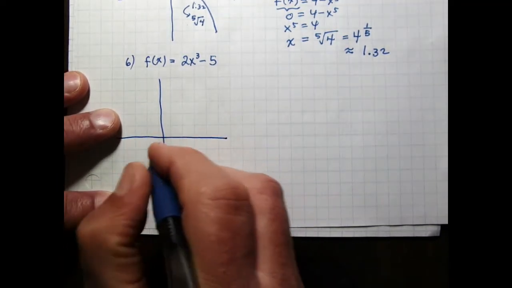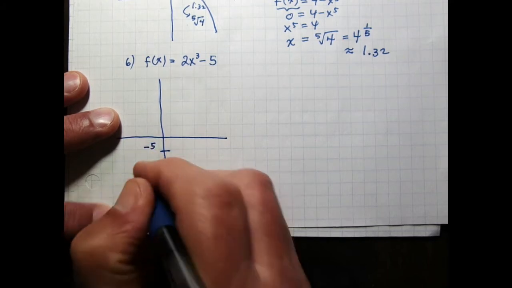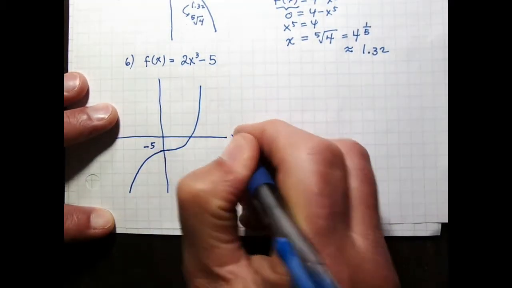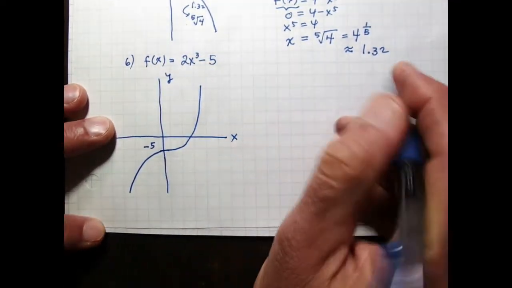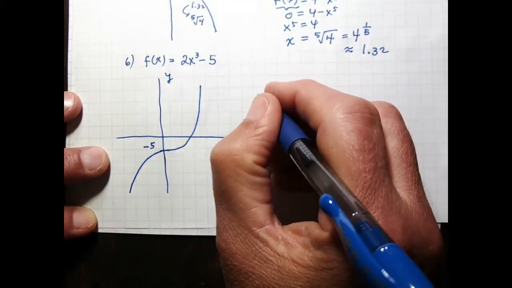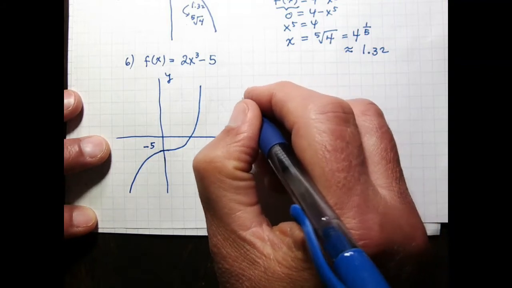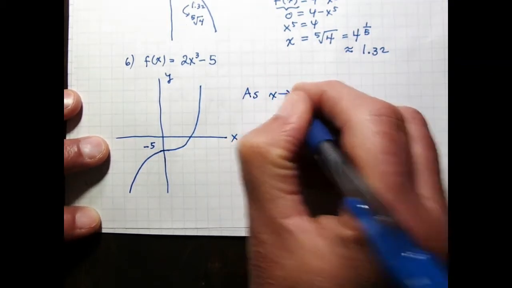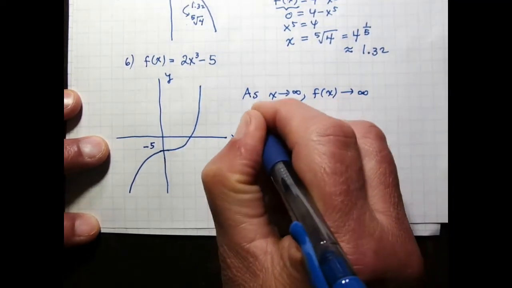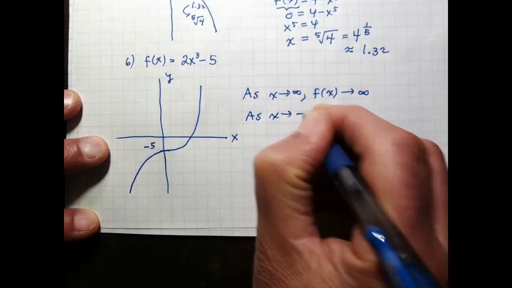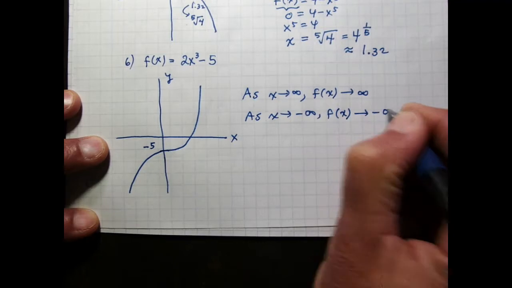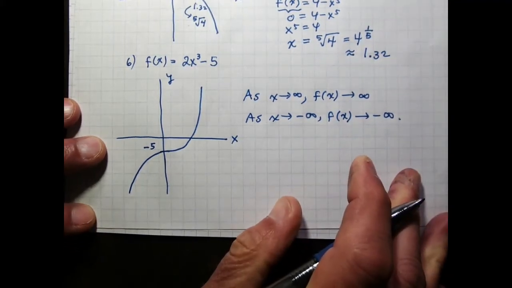So I'm going to intersect at -5, but no reflecting here, just the standard shape for the x cubed graph, stretched slightly. End behavior: as x approaches infinity, f of x approaches infinity, as x approaches minus infinity, f of x approaches minus infinity, right? Same as the end behavior of x cubed.